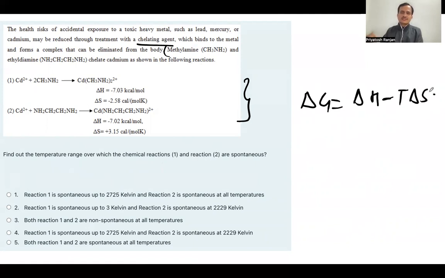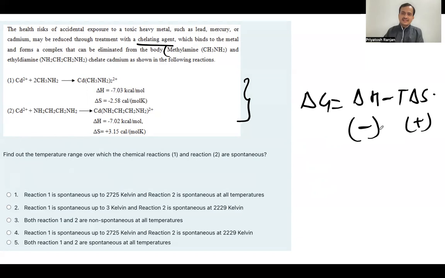Now, the simplest thing is to understand, just by looking at these values, can I tell under what conditions these are going to be spontaneous or not? Qualitatively, can I just have a look at these values? Focus on the second case. In the second chemical reaction, delta H is negative and delta S is positive.